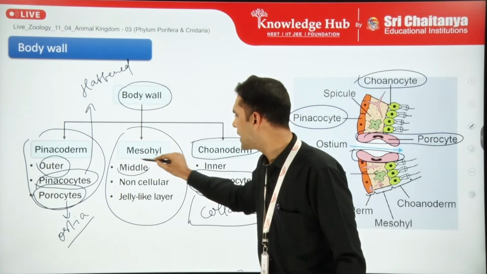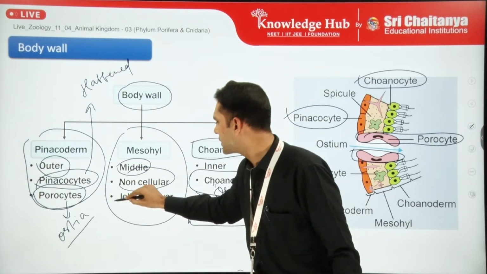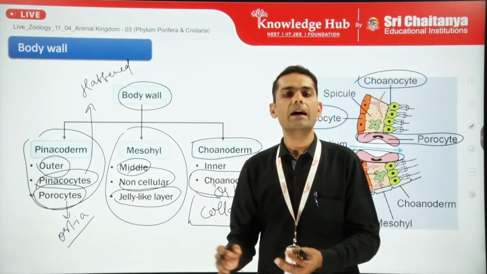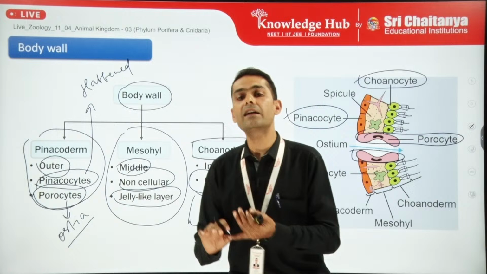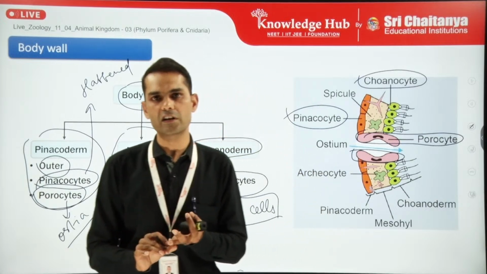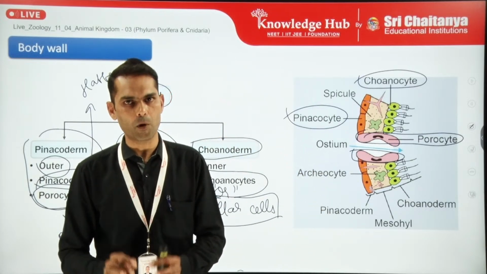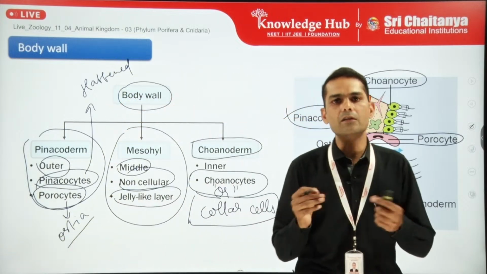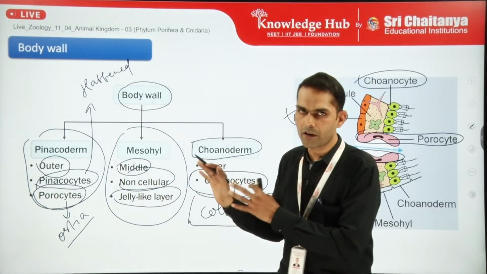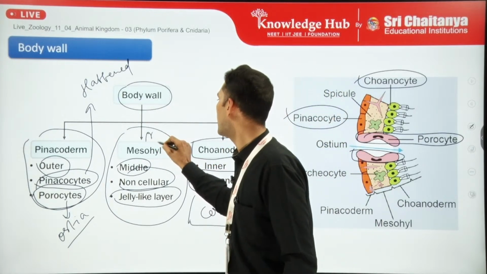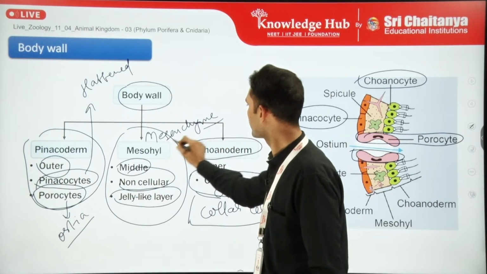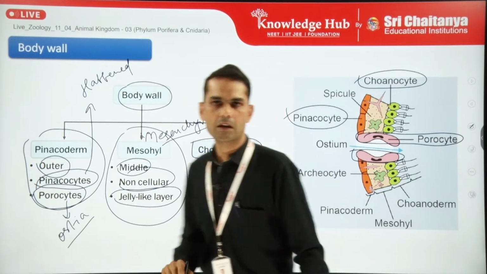It is a middle layer, non-cellular, and it is a jelly-like layer which is having many other cells also, as well as spicules and spongin fiber for the endoskeletal support. So if somebody asks you which layer provides endoskeletal support in the phylum Porifera, it will be mesohyl or mesenchyme. Fine.